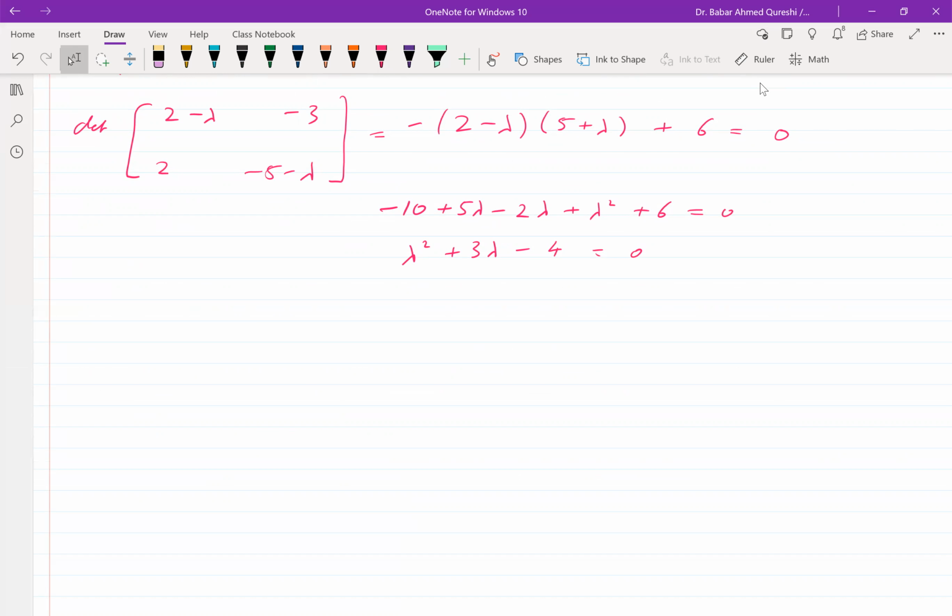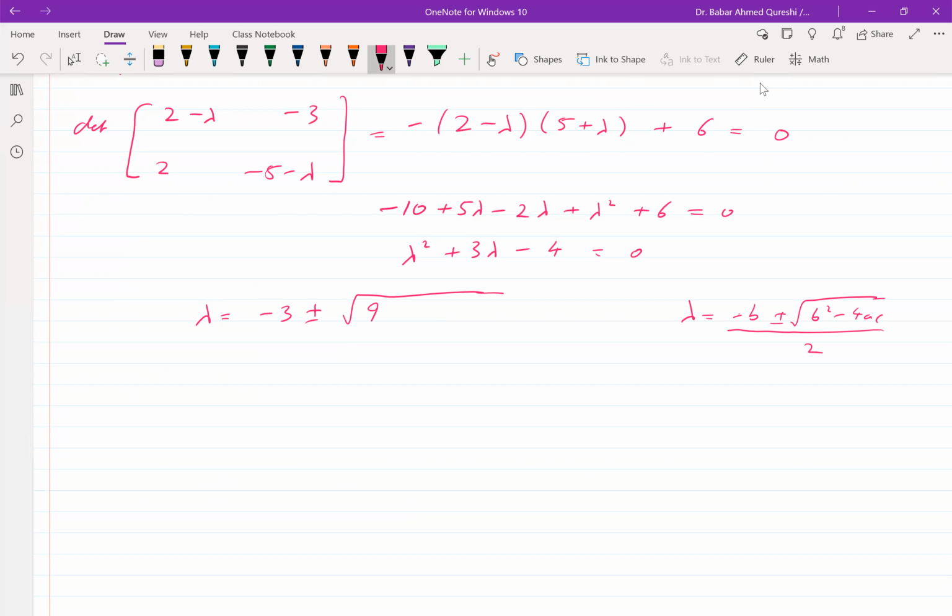So this is equal to, I'm using minus b plus minus square root of b square minus 4ac over 2, the quadratic formula.